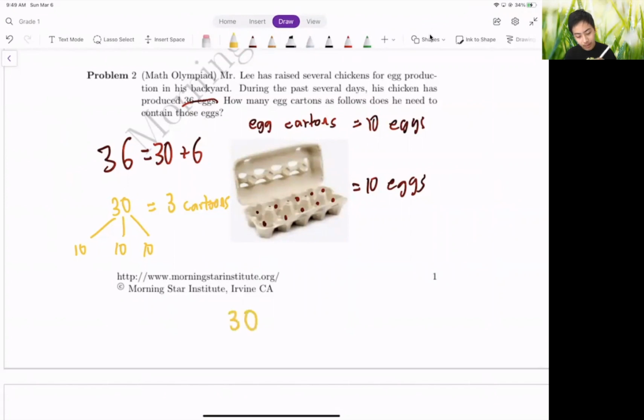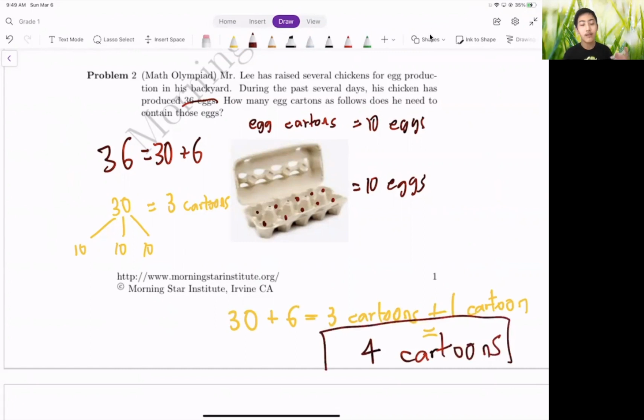So 30 plus 6 is equivalent to 3 cartons plus 1 carton more, and that just gives us 4 cartons. So the answer is 4 cartons. He needs 4 cartons to store 36 eggs.